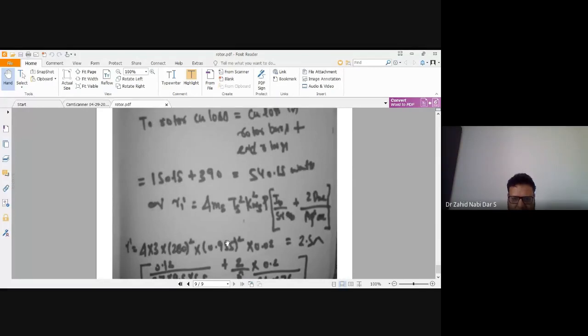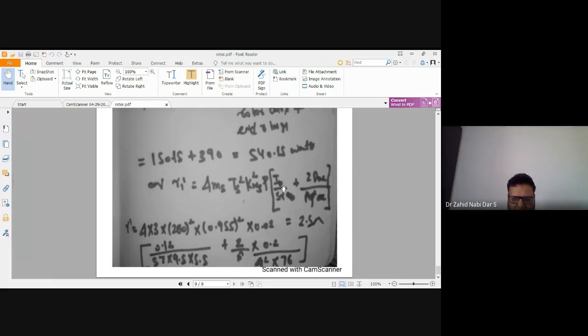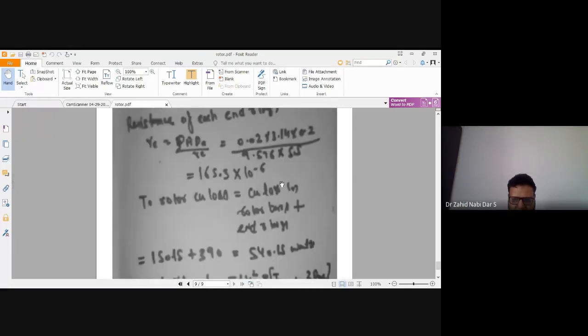KWS is given 0.955 squared. Rho is given 0.02. And this value, IB, SR pi B plus 2 pi P square AE 0.2. These values are given. This SR value is given. This AB is given, and this is not IB, this is LB.